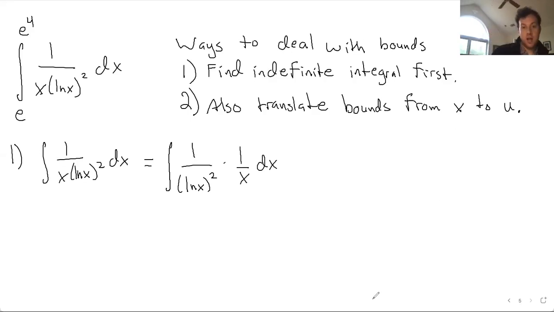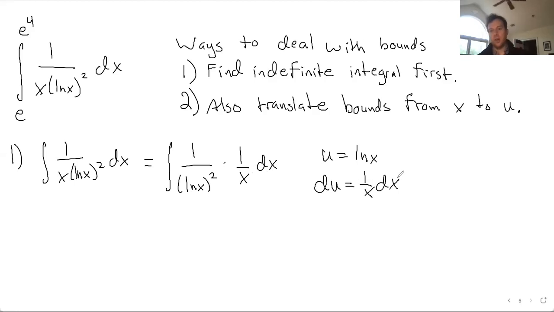This separation helps us see a little more clearly that u can be the natural log of x and the derivative of the natural log is 1 over x. When it's all one fraction, it's harder to see. Seeing that there's a 1 over x function there really helps clarify that we have a couple different functions and that we want u to be the natural log, and so its derivative is 1 over x dx.